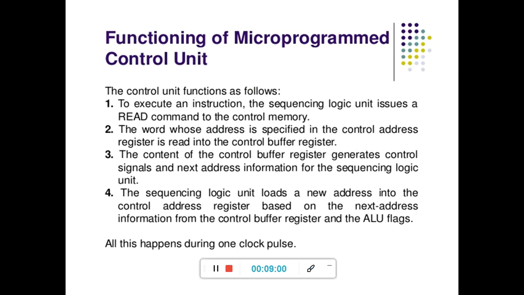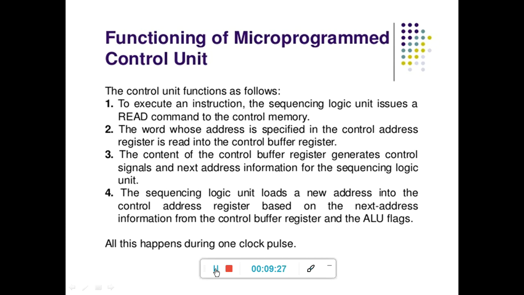Here each microinstruction in control memory contains a set of bits to initiate microoperations in computer registers, and a set of bits that specify the method by which the next microinstruction address is obtained.